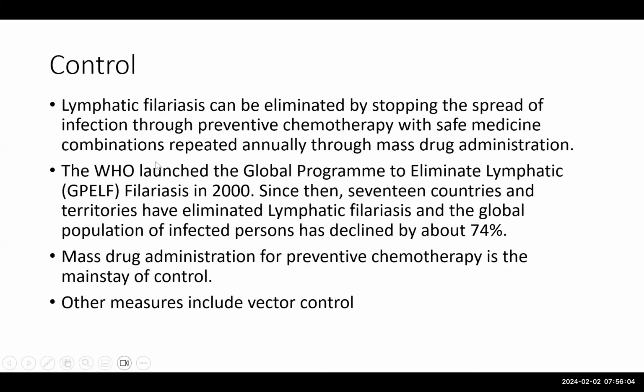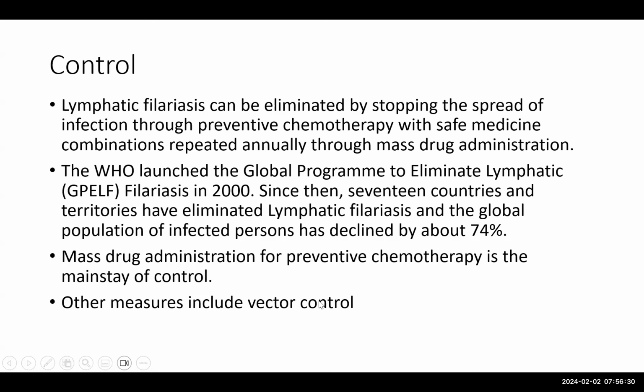So we could eliminate lymphatic filariasis by stopping the spread through preventive chemotherapy with safe medicine combinations that are repeated annually through mass drug administration. The WHO Global Program for Elimination of Lymphatic Filariasis has been doing that, and about 17 countries have actually achieved elimination.